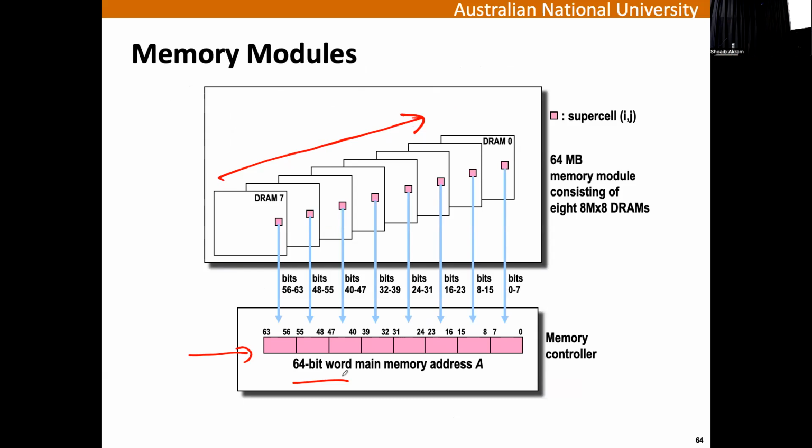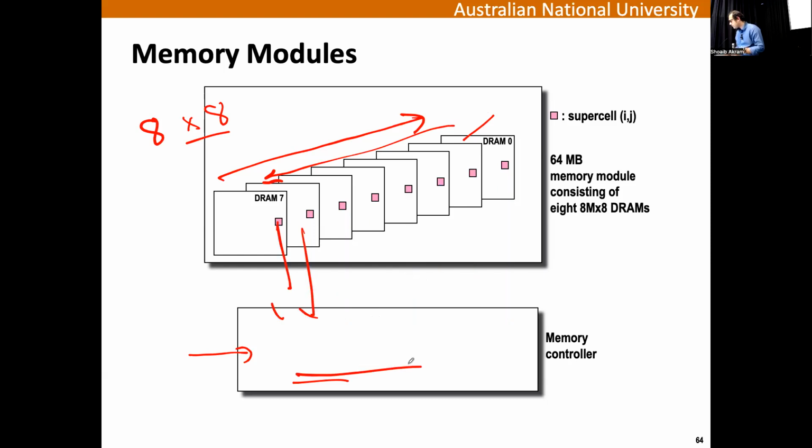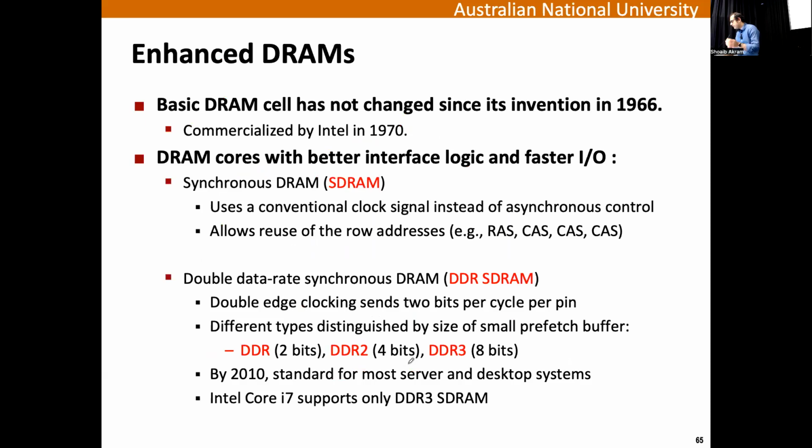This is what programs typically access, integer, long, all this. So we send an entire word. And we combine these DRAM chips into an array. So here we have 8 DRAM chips, 8x8 DRAM chips. Each of them produces a single byte of a 64-bit word.